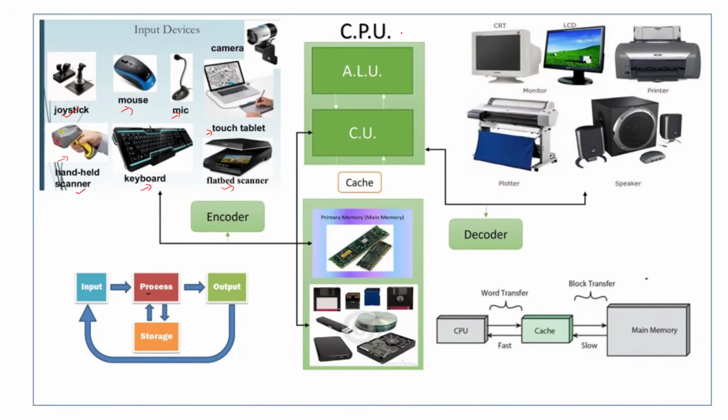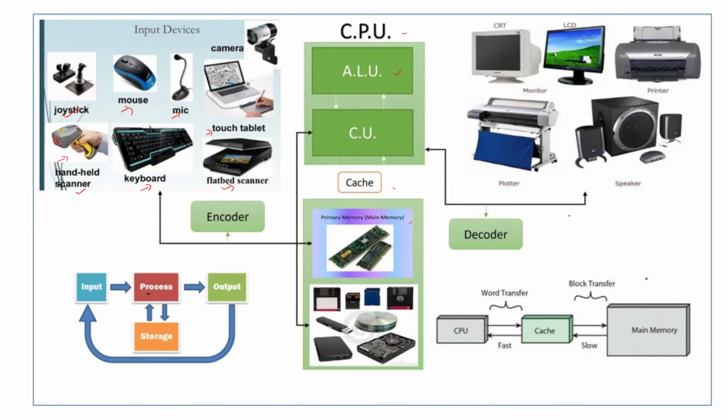Here, in the case of the CPU, we have the arithmetic logic unit, the control unit, and cache memory; we'll discuss all these things. And the primary memory is the main memory. When power is on, the RAM memory works. RAM is also called volatile memory. Nowadays we have another concept where RAM can also be utilized as non-volatile memory.